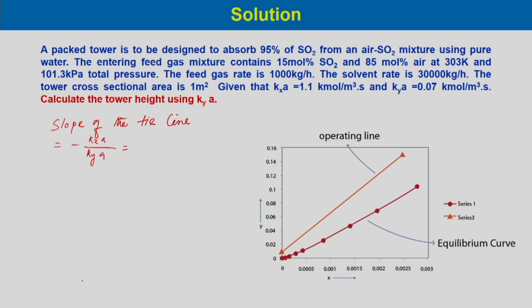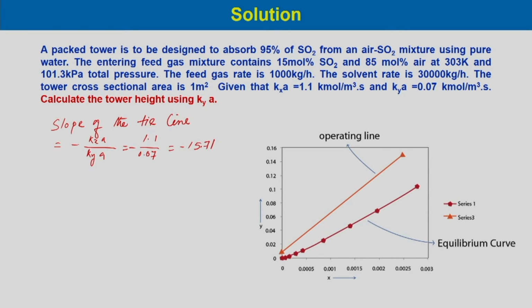So, these values are given. Kxa is 1.1 kilomole per meter cube second. So, 1.1 divided by 0.07, which is equal to minus 15.71.